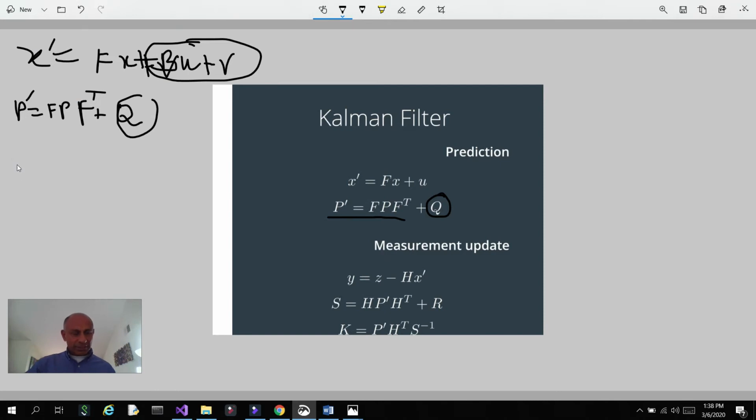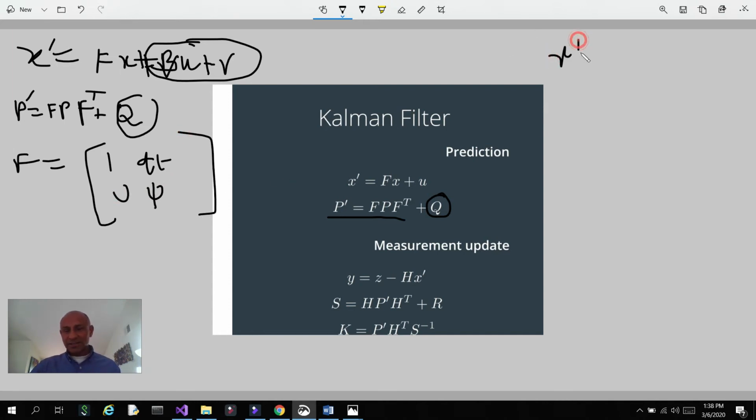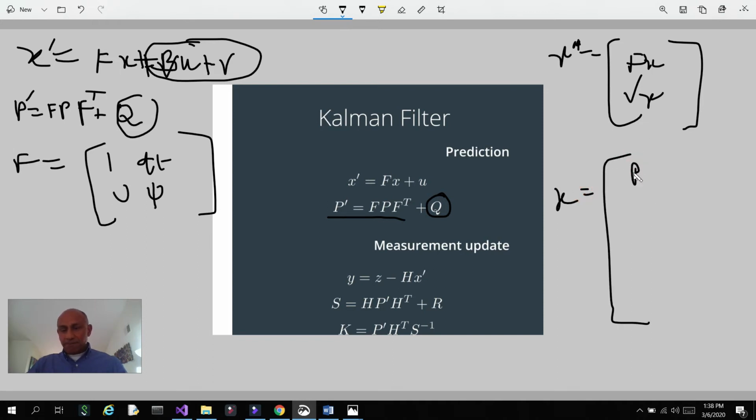F, as I was saying, is a state transformation matrix which will be 1 dt 0 1 if your x is, let's say, px vx. Okay, but no dot here, just the x state. If your x is px, py, vx, vy, that means two-dimensional.